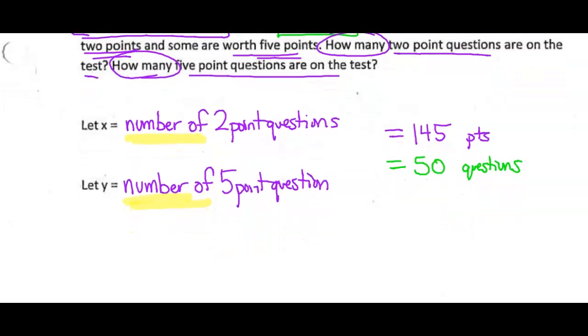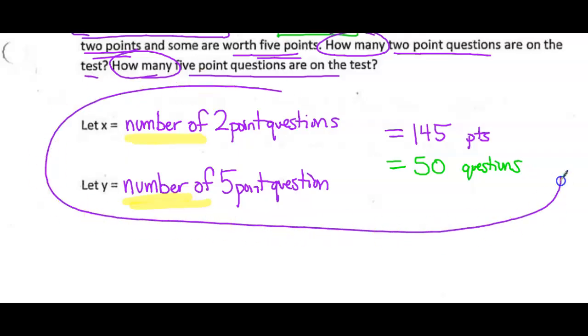I'm going to come down a little bit. Well, the 2 unknowns are the number of questions that are 2 points and the number that are 5 points. And I know there are 145 points on the test, and I know there are 50 questions. So we have to use this information to come up with our system.